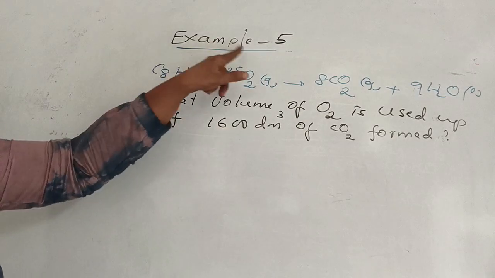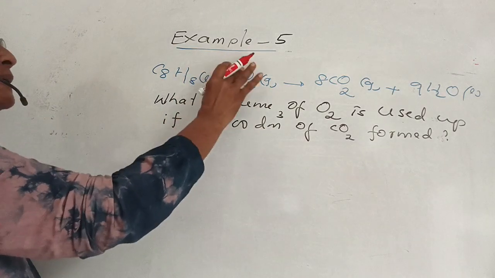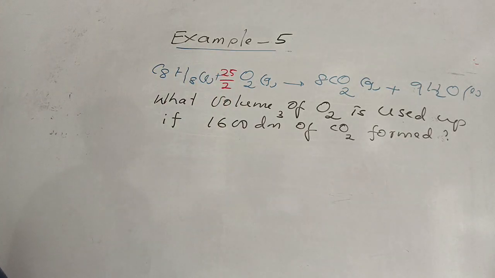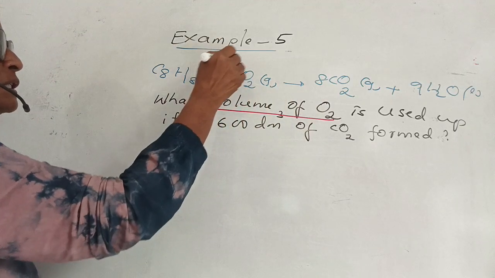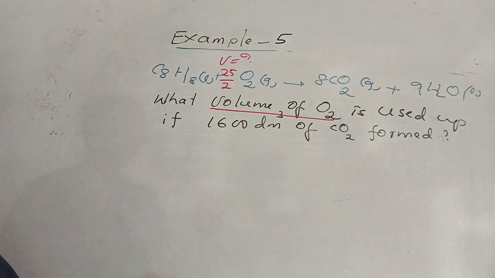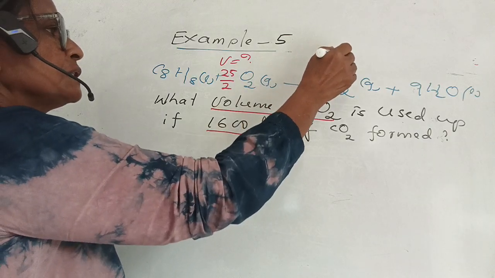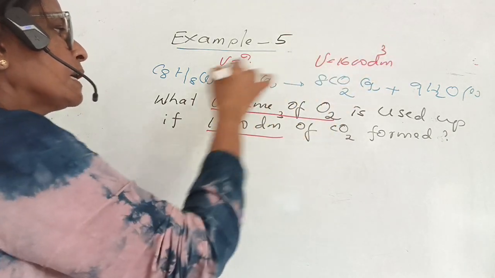I have chosen example number 5. It is asking that octane burns in oxygen. For balancing, I can write 25 divided by 2, or 12.5 oxygen. What volume of oxygen? This is the question mark here. 1600 decimeter cube of carbon dioxide is produced here.